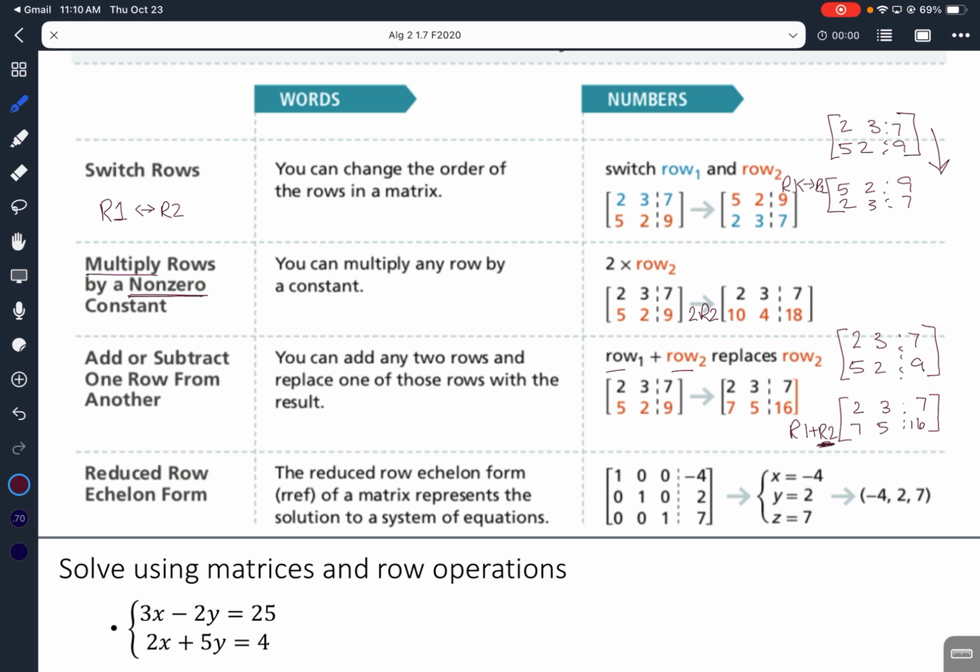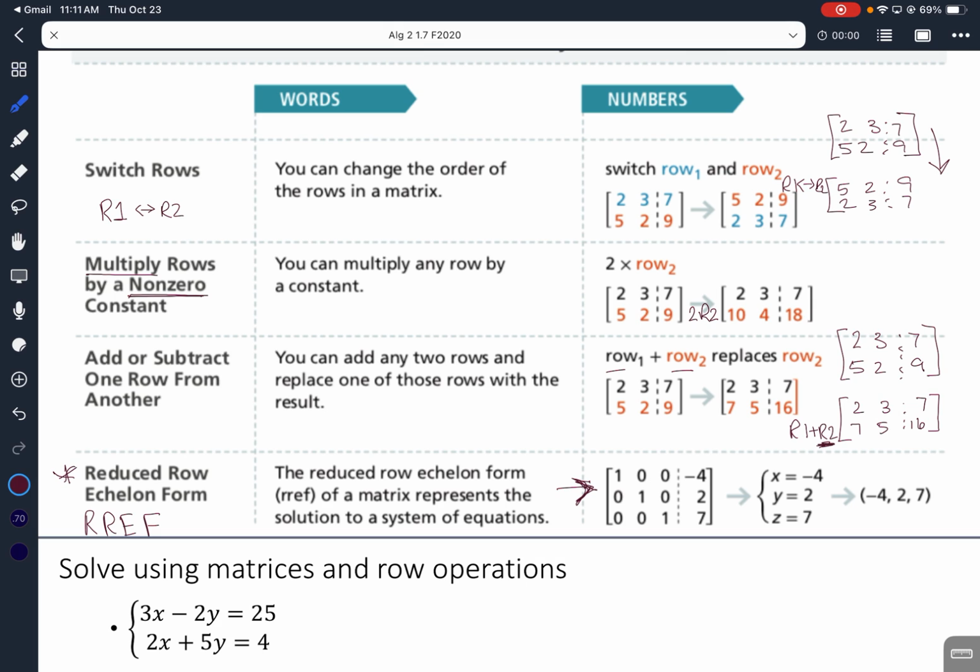Now we end in what is called reduced row echelon form. The shorthand for that is RREF. We are not done with this process until it is in reduced row echelon form. If you look at this picture, what do you notice? They're all in different rows.